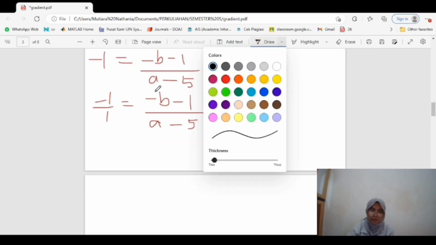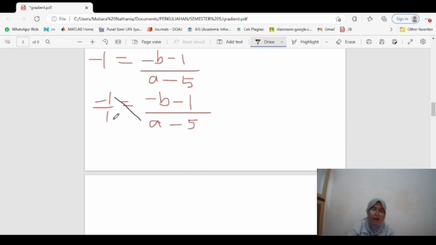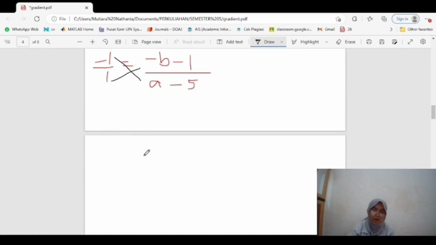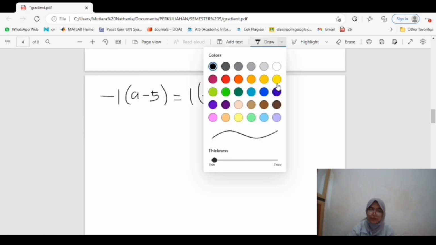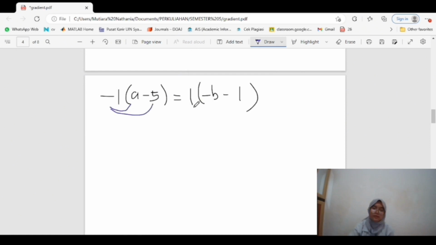This uses the distributive property, so we multiply into the brackets. Negative 1 times a is negative a, negative 1 times negative 5 is positive 5, equals negative b, and 1 times negative 1 is negative 1.